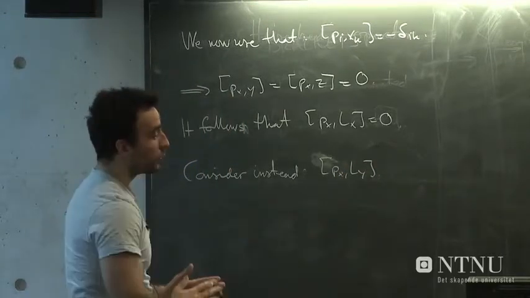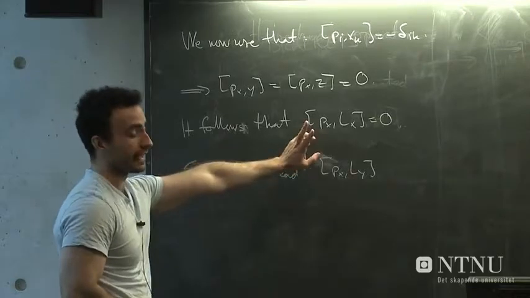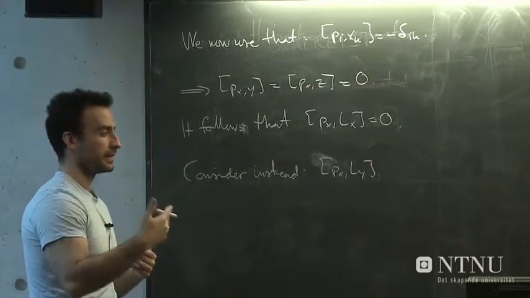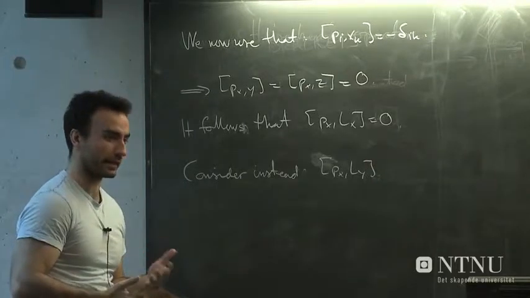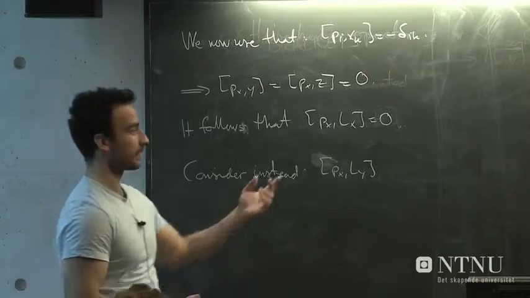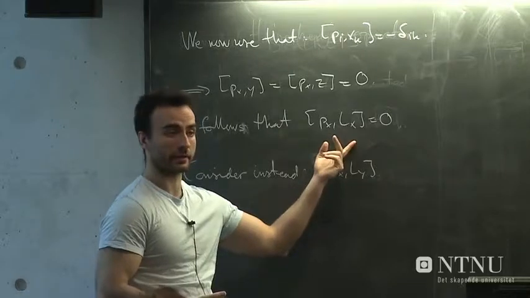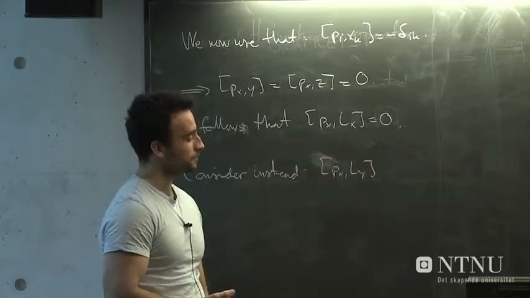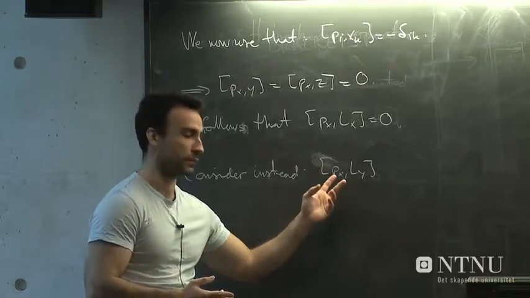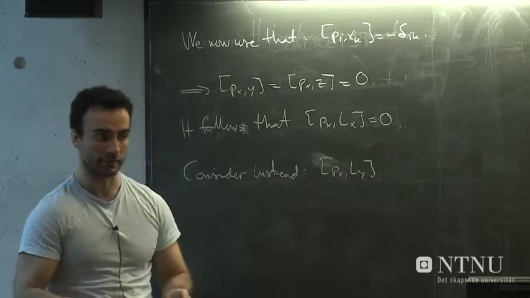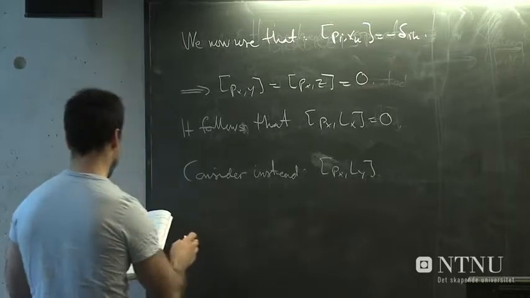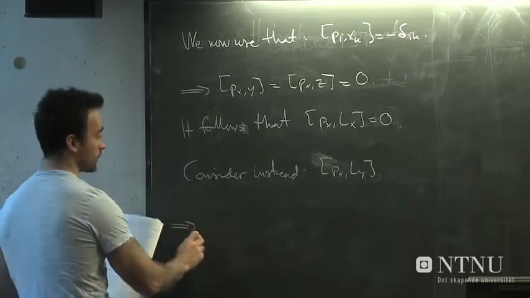Now, we have only derived this result for the x component. However, it seems reasonable that x shouldn't play any special role compared to y or z. So it seems reasonable to expect that this should also hold for py and ly, and pz and lz. So motivated by this, consider instead the Poisson bracket between p and l, where you now have different components. So let's see if this differs from 0. So I proceed in the same way.